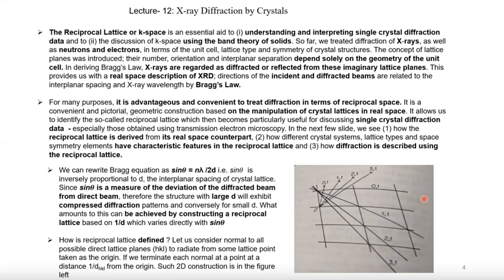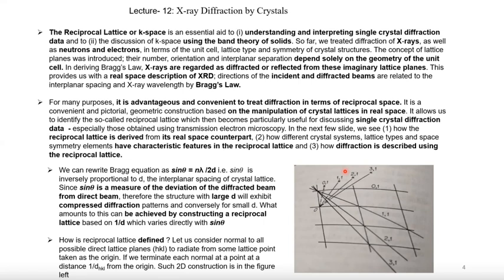X-rays are regarded as diffracted or reflected from these imaginary lattice planes, which we showed a little earlier. We imagine a set of P planes, Q planes, R planes, and with this imagination we start describing our data.